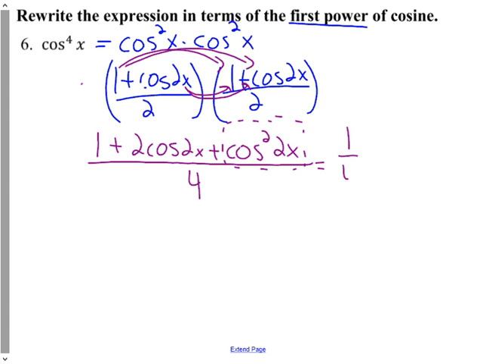So this is 1 over 4 plus 2 cosine of 2x over 4 plus 1 cosine squared of 2x over 4. And now we have to substitute here again. We can also simplify 2/4 to 1/2.